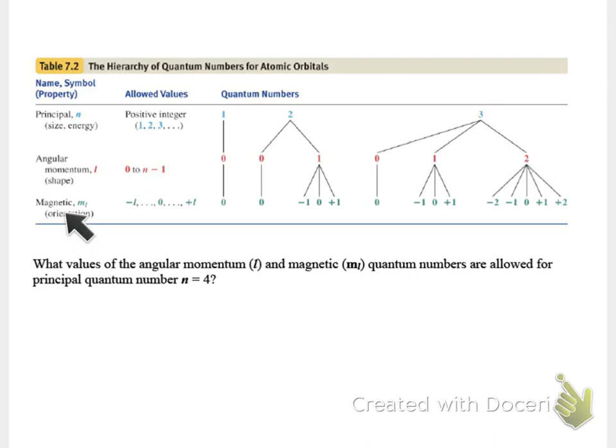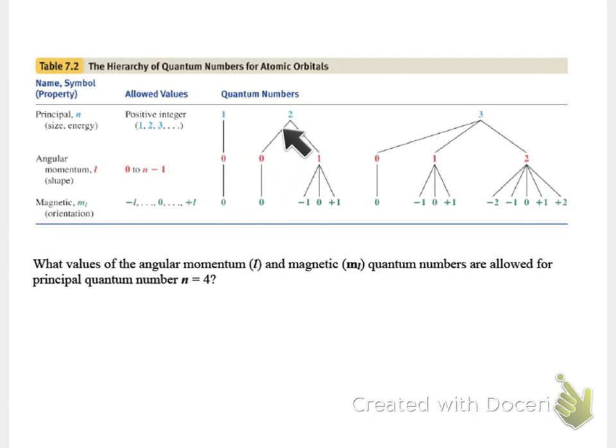All right, the third quantum number, which is the magnetic ML, which tells us orientation, can go from minus L up through 0 to plus L. So if L is 0, it can go from 0 to 0 to 0, which means it has to be 0, which means there's only one orientation.